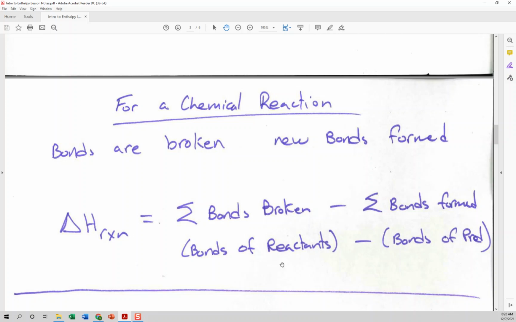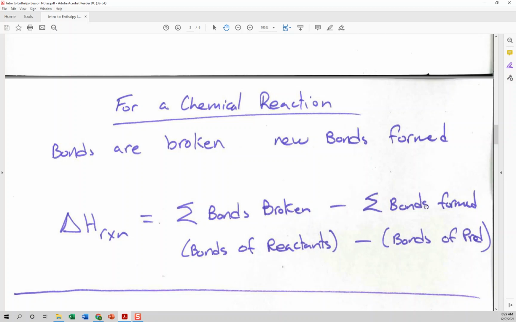And we'll do an example or two of that in class, but you want to remember, 9 times out of 10, when you're doing delta anything, it's final minus initial, just like I brought up earlier in this video. But here's a case where it's actually initial minus final, reactants minus products instead. But that's because bond energies are always reported as the amount of energy required to break the bond.